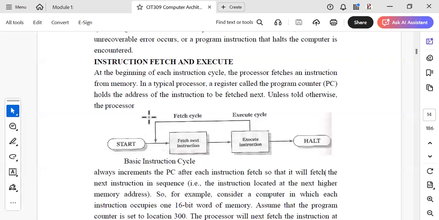But in the case of the CPU, just like you, when you open the recipe book, you read the first line. Let's say you have 20 steps written. The first thing you will do is not to go to step 20. You get step 1, you read it.